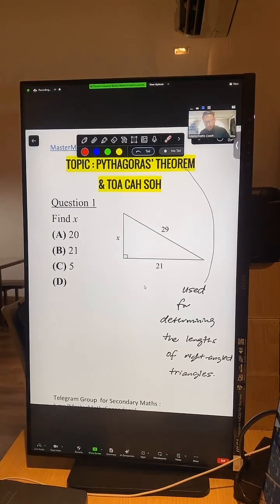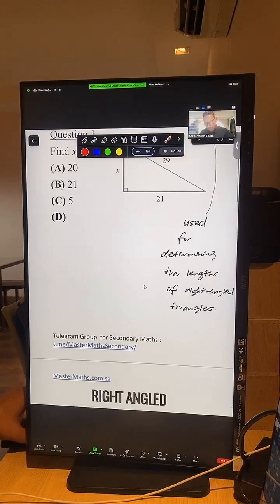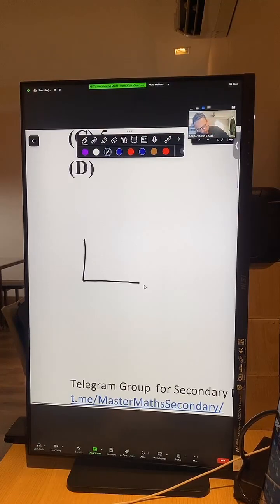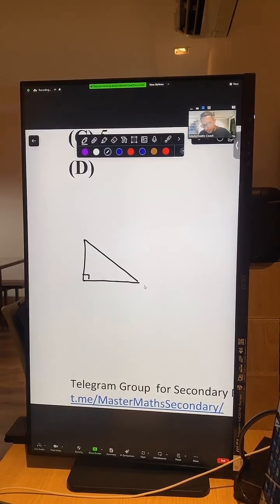As I mentioned, we'll use Pythagoras theorem. Now, just a quick recap on what Pythagoras theorem is. Say you have a right angle triangle, and your right angle is over here, that's your 90 degrees.